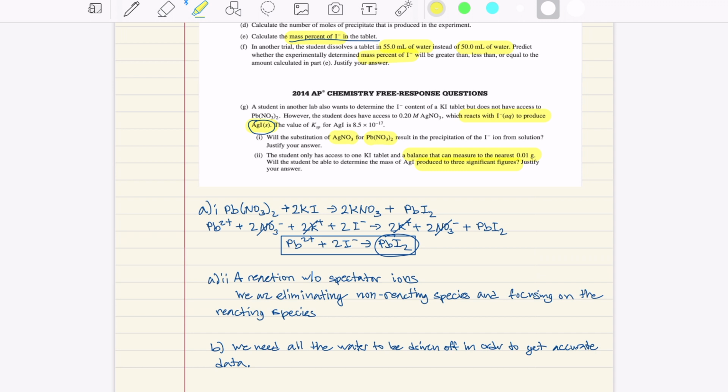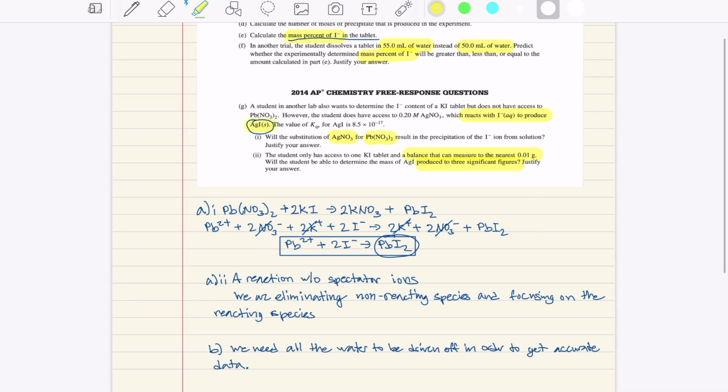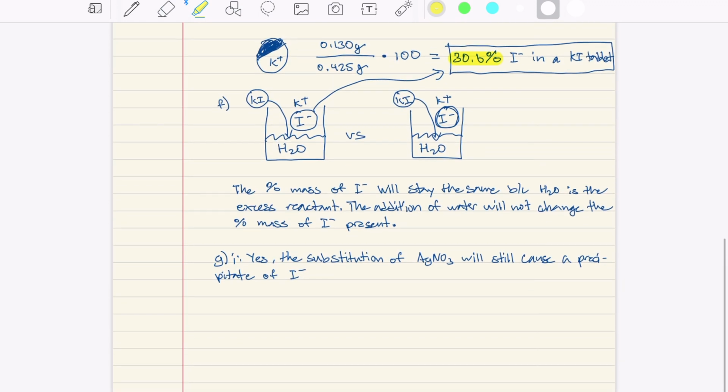But the most important part is in the original question, where the Ksp is 8.5 times 10 to the negative 17, which is much, much lower than 1.